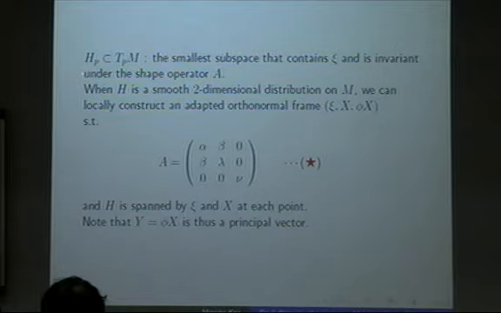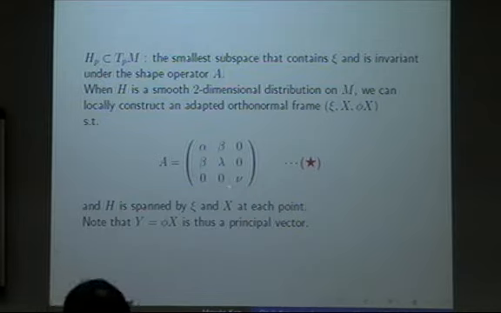H_p is a subset of T_pM, the smallest subspace that contains xi, the structure vector field, and it is supposed to be invariant under the shape operator A. When H is a smooth two-dimensional distribution on M, we can locally construct an adapted orthonormal frame xi, X, phi X. With respect to this orthonormal frame, the shape operator can be represented by this matrix form.